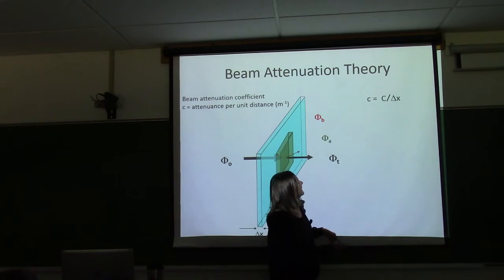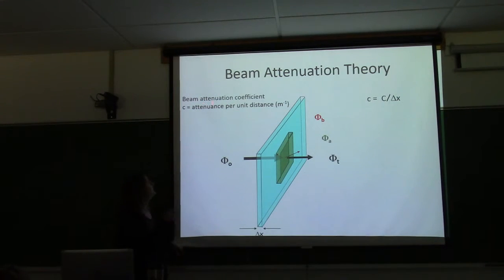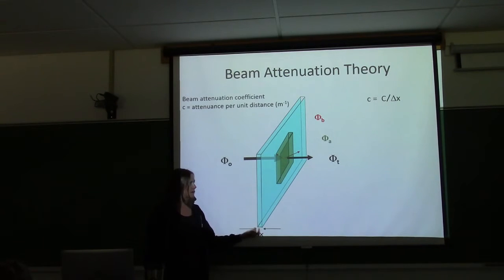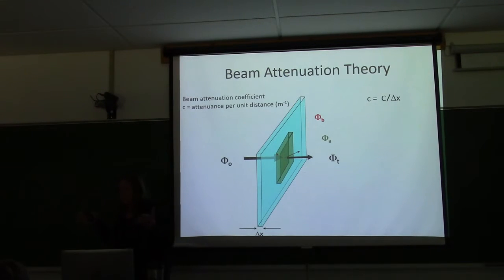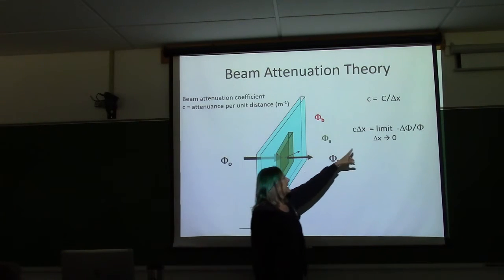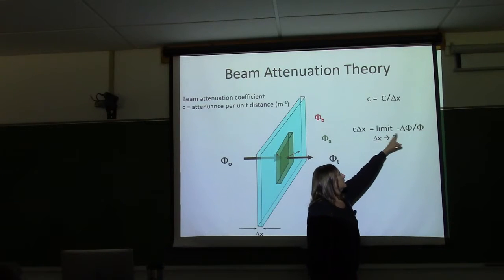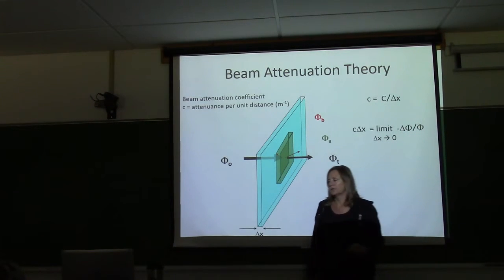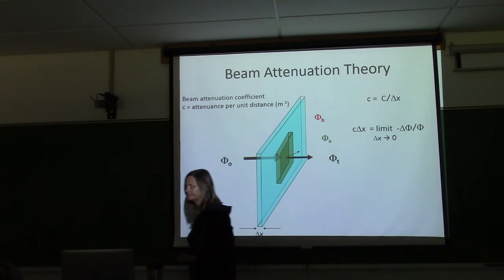And we can then define the beam attenuation coefficient as being the attenuance per path length. And so the path length is the thickness of your layer. Now, in a perfect instrument, we could squeeze that down to its limit. And as that layer goes to 0, we can look at the limit of this change in power over the incident power.